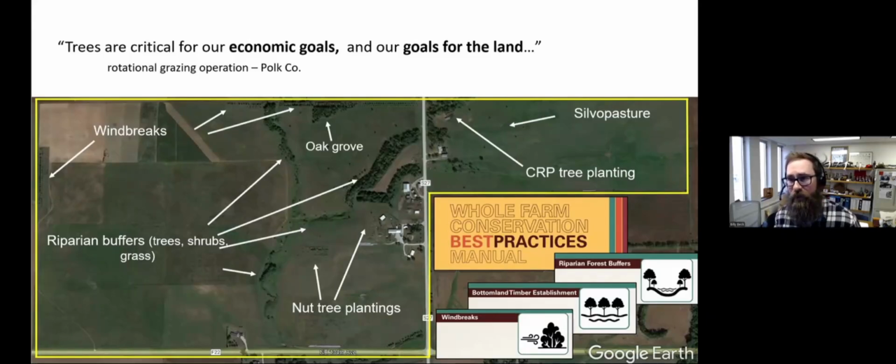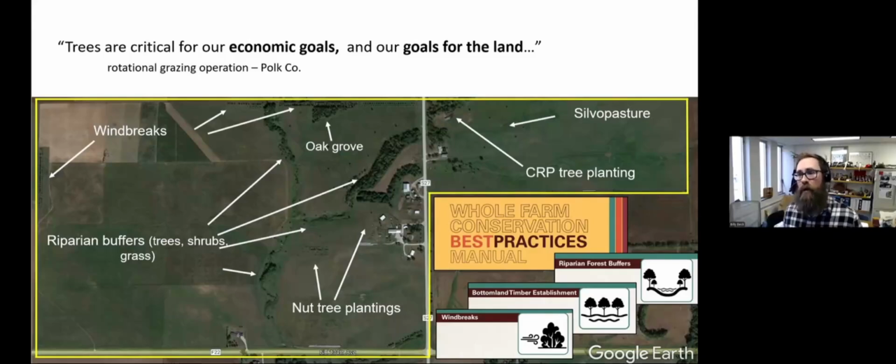So today, again, I'm always trying to incorporate trees, forests, and forestry into the agricultural enterprise and the agricultural landscape. And again, thanks to Iowa Learning Farms, I was very fortunate to incorporate windbreaks, bottomland timber, and of course, riparian forest buffers into the recent revision of the Conservation Best Practices Manual.